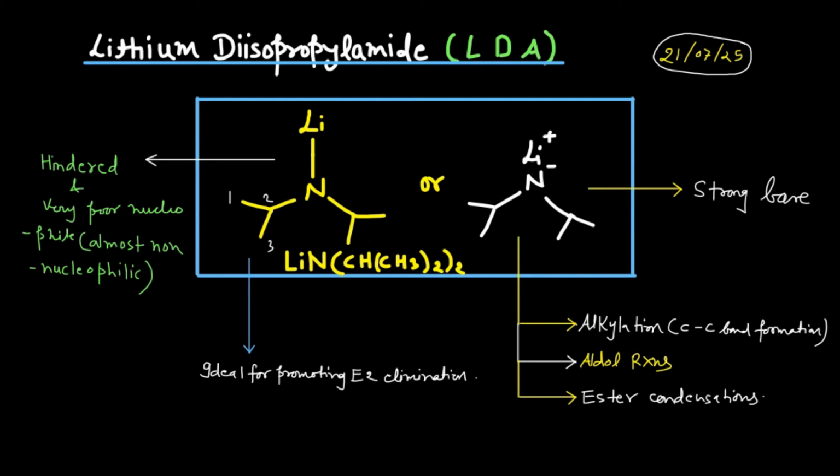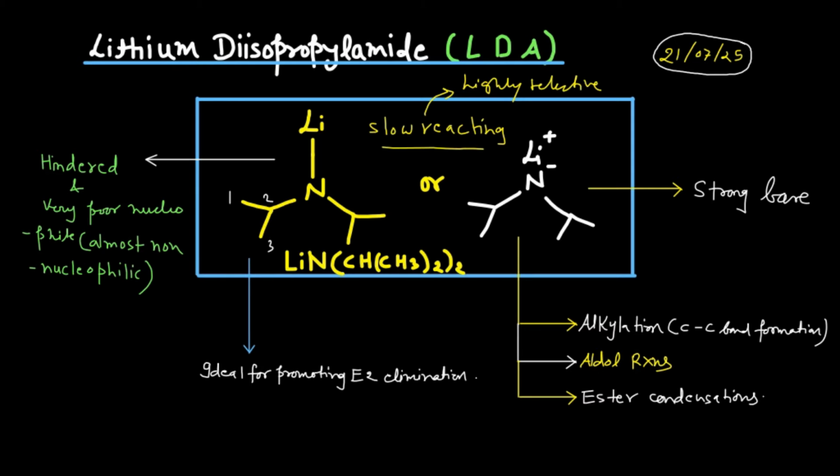So please remember, this LDA is slow reacting, and whenever your reagent is reacting very slowly, it would be highly selective. Since it is highly selective in nature, this LDA is very beautifully used in diastereoselective synthesis. Please remember, selectivity would be very high.